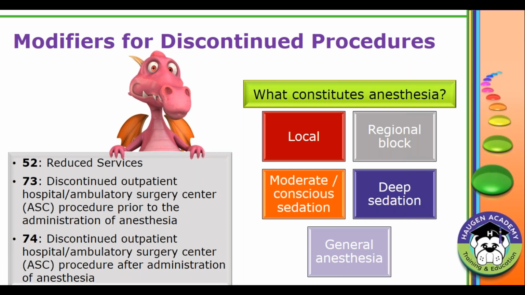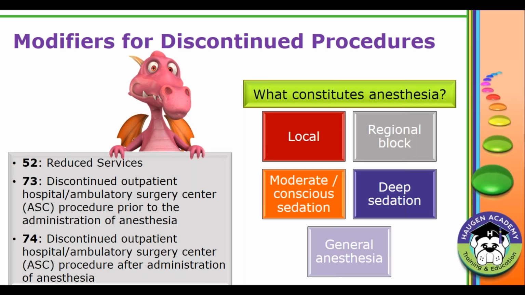The Medicare Claims Processing Manual has the documentation that tells us that modifier 52 is used when a procedure is discontinued and anesthesia was not planned. And then it gets into, well, what is anesthesia? And they define that as well. According to the Medicare Claims Processing Manual, anesthesia is local, regional, moderate sedation, deep sedation, or general anesthesia.